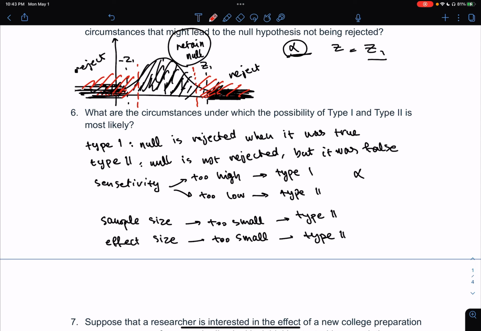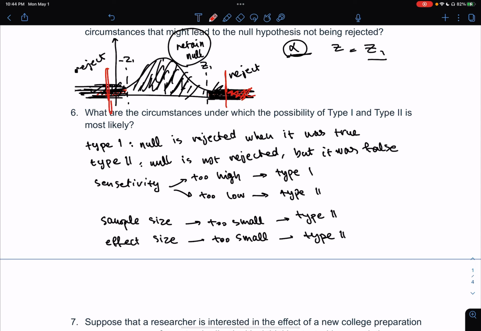And then on the other side, if the alpha level is too low, this makes the rejection area very small. So if our alpha level is too low, then the rejection area is smaller.